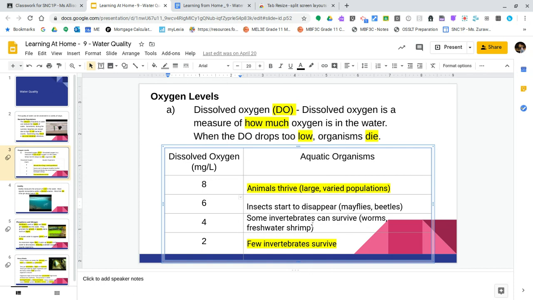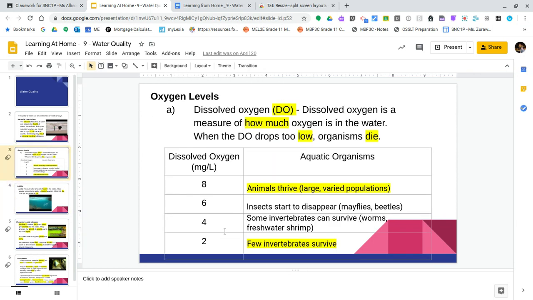And you'll see sort of the middle area. Some invertebrates are going to survive, so things like worms and freshwater shrimp, and up above, insects start to disappear like mayflies and beetles. So again, as you have more dissolved oxygen, which the animals need for respiration, then you are going to have better populations of animals in the water.